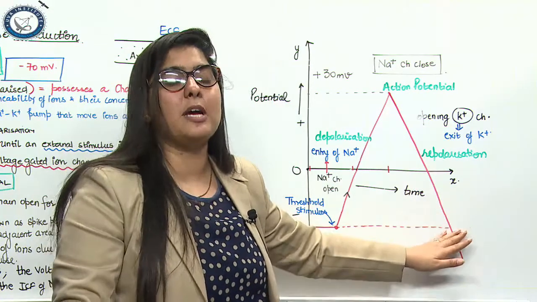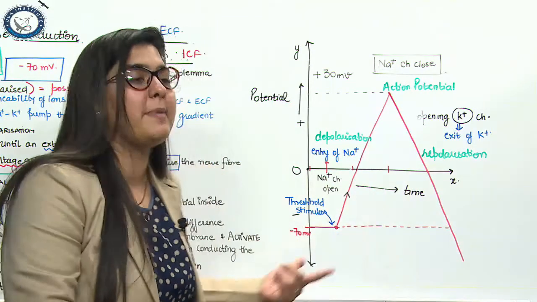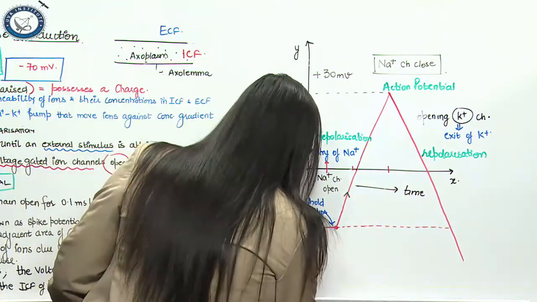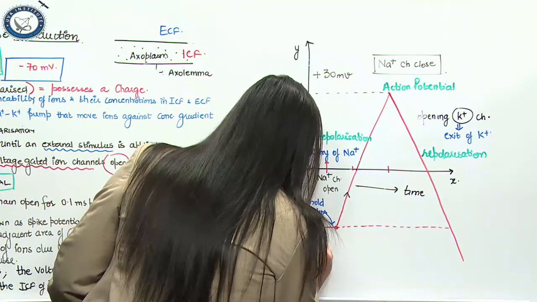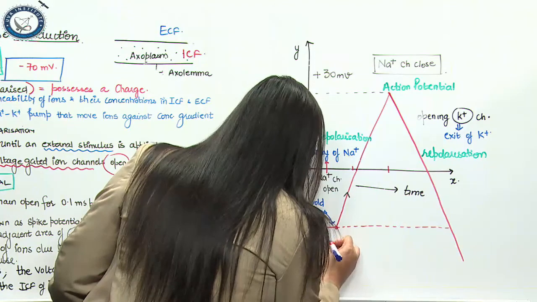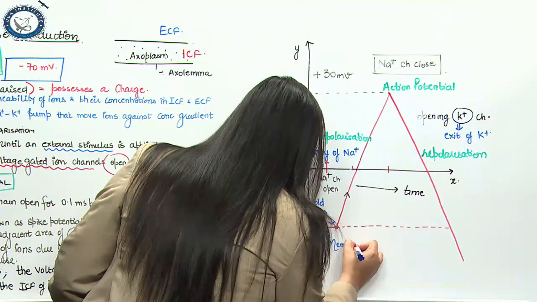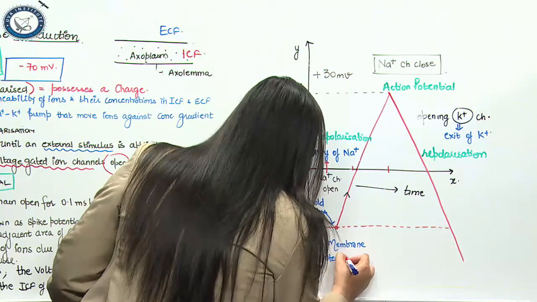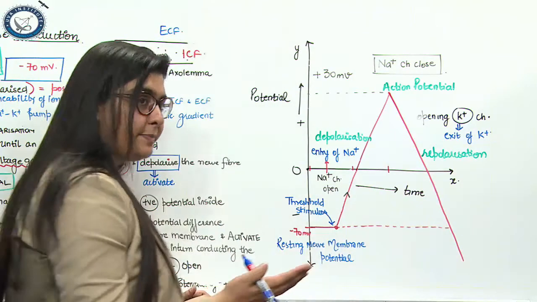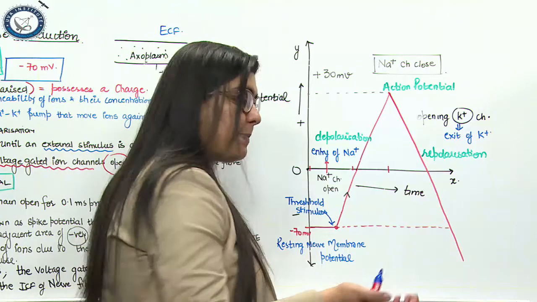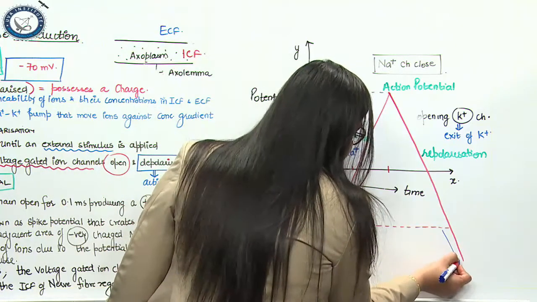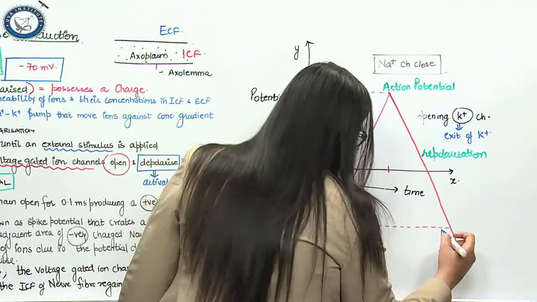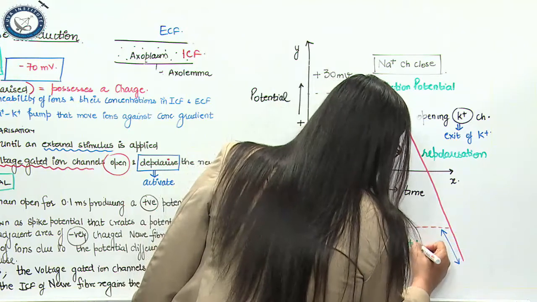But this negative charge becomes way more negative than the resting nerve membrane potential. And thus we say it is becoming hyper negative. The polarization is becoming hyper, and we call this particular change in the potential hyperpolarization.